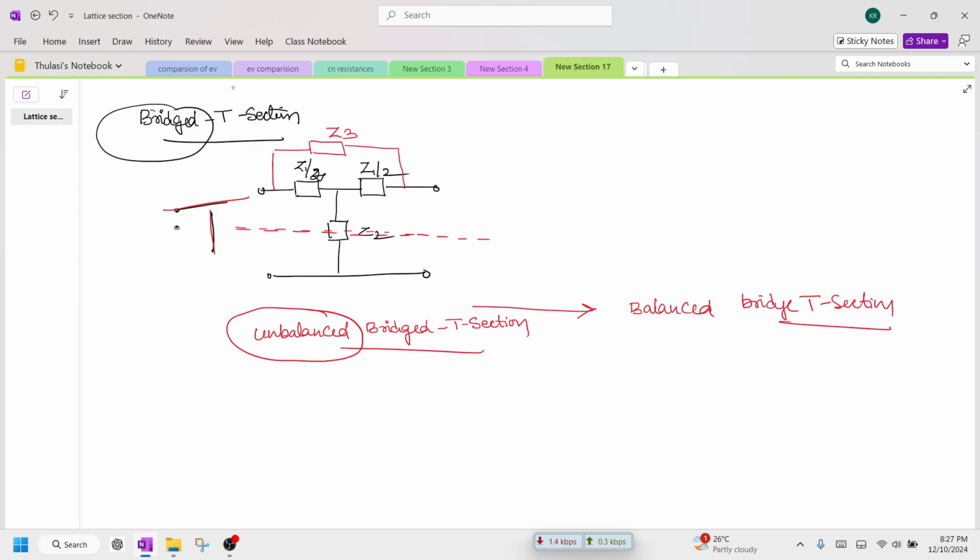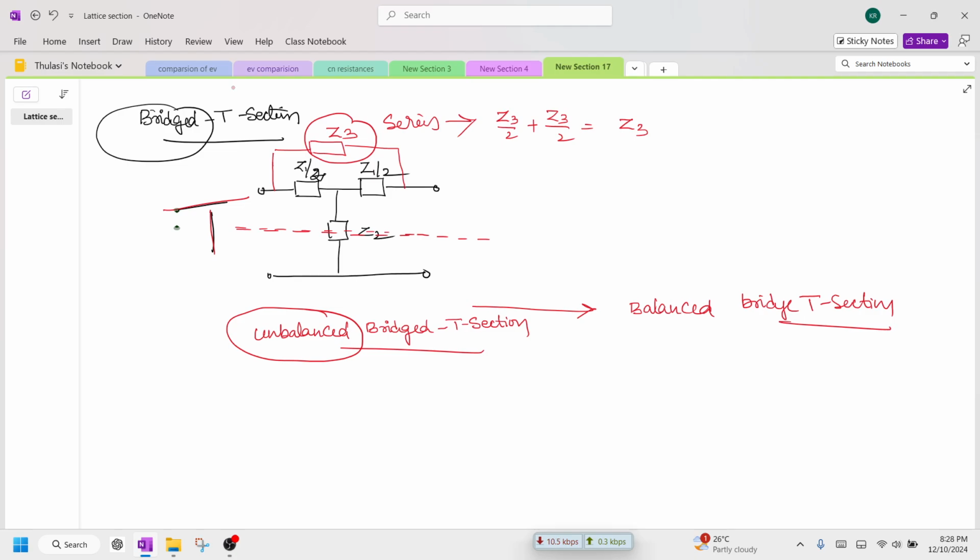This is what we call the series arm, which I'm going to write down as two halves. It's very simple to understand: I can write it as Z3 by 2 plus Z3 by 2, so the resultant is Z3.